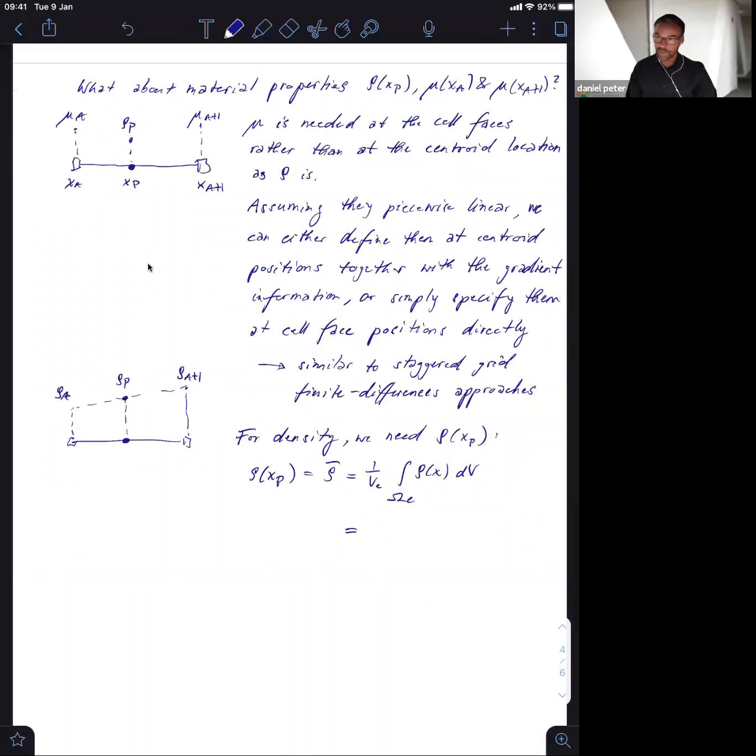Just for this simple 1D example, that is just the average of the two cell face values. So it's just rho A plus density at A plus 1, divided by 2.